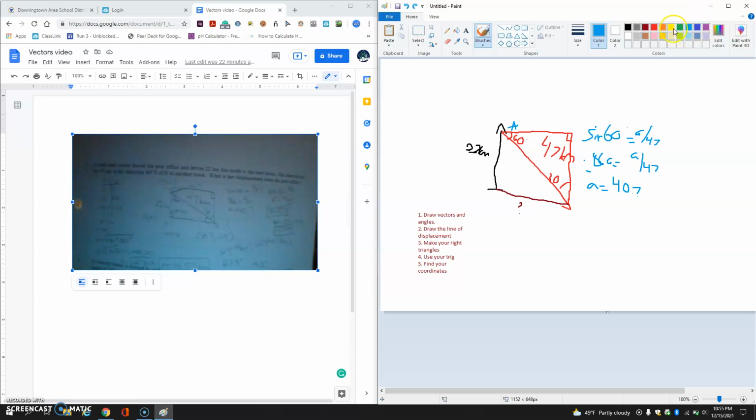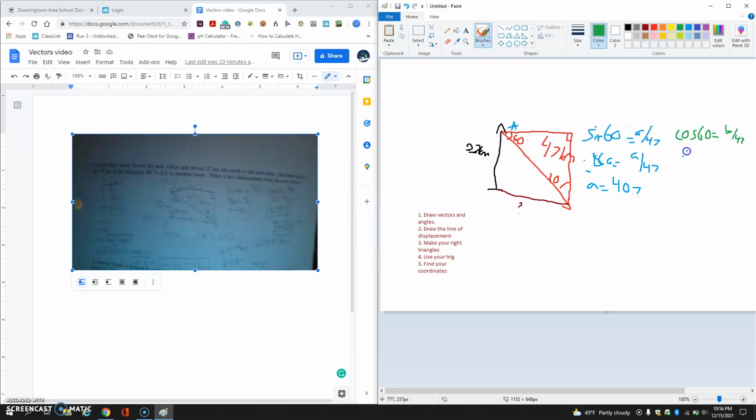Anyways, so then we do the same thing with cosine. It's just cosine is B over C. So cosine of A, which is 60 again, equals B over 47 again. Now you could use Pythagorean theorem here if you wanted to. Pythagorean theorem is more writing with your mouse or drawing, and I don't like that. So I'm just going to do this.